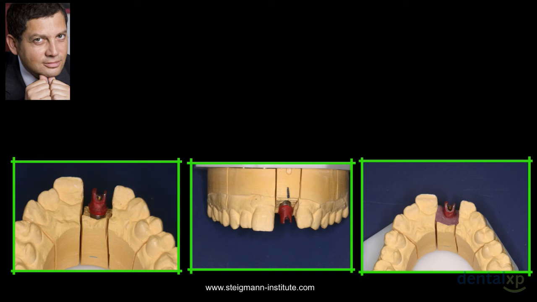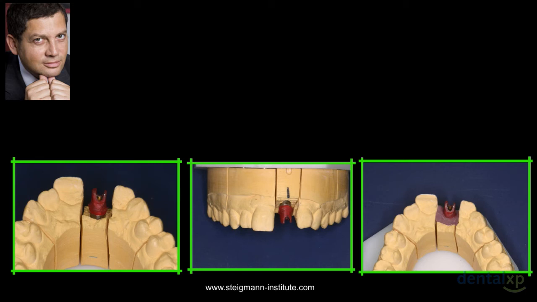In this case, we can make a pattern resin sleeve, which can then be laser welded on the 3-in-1 abutment, or this can be scanned after the try-in in the patient's mouth, so we can restore the implant with the help of a CAD/CAM abutment.